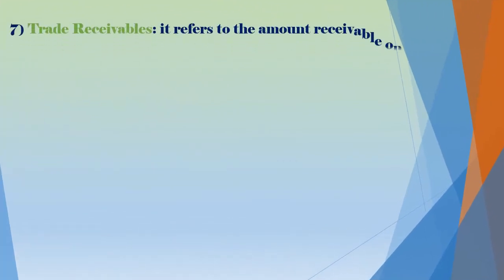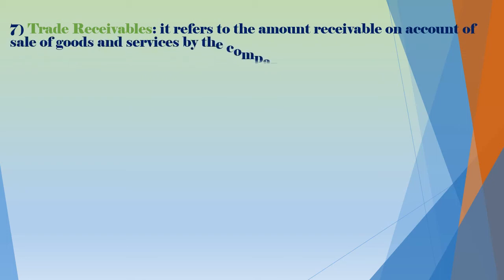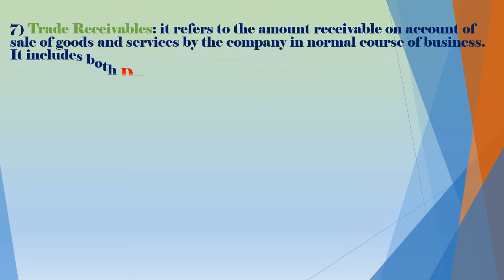Trade receivables. It refers to the amount receivable on account of sale of goods and services by the company in the normal course of business. It includes both debtors and bills receivable. So trade receivable is the amount that we receive after the sale of goods and services, and we are saying that in a normal course of business.